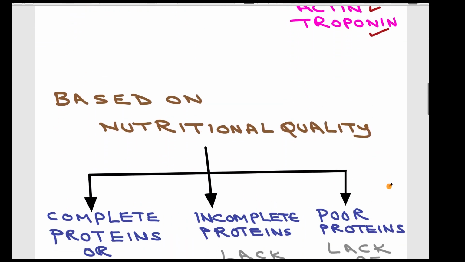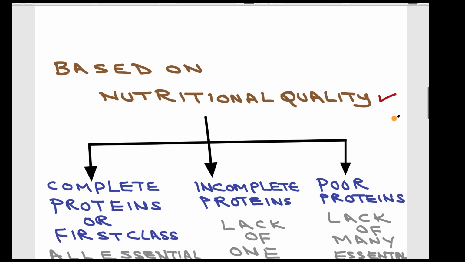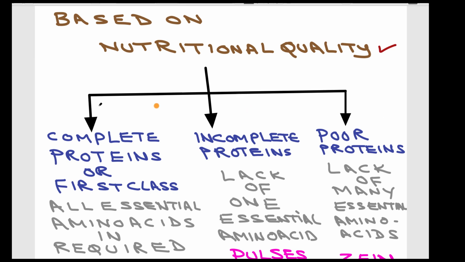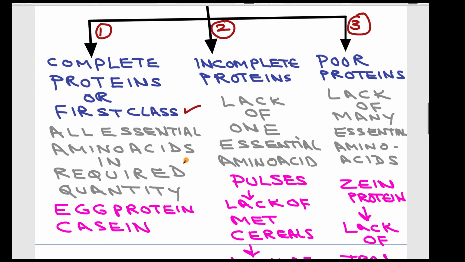The next classification is based on nutritional quality. On this basis, proteins are classified into three classes: complete proteins, incomplete proteins, and poor proteins. Complete proteins are also known as first class proteins because all essential amino acids are present in the required quantity.